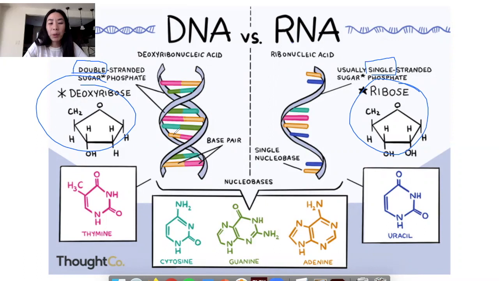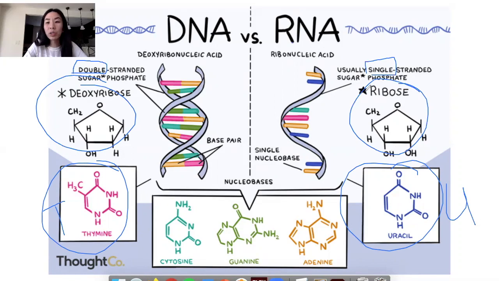Both of them contain C, G, and A, but DNA has thymine, T, and RNA has U. So those are the 3 main differences: double strand versus single strand, the sugar, deoxyribose versus ribose, and DNA has T, thymine, whereas RNA has U, uracil.